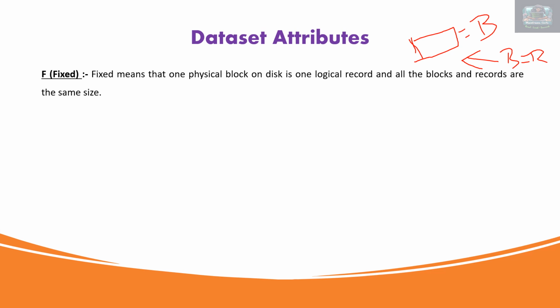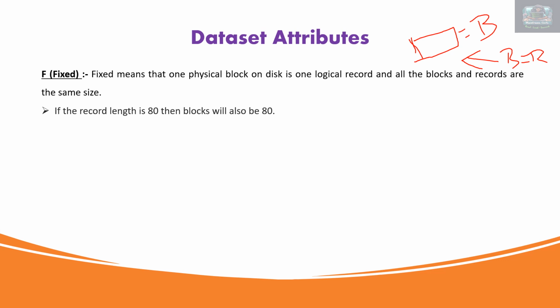When you are specifying fixed, in that panel I showed you before, you have to give F. If you give F and a record length of 80, the block size will also be 80. So for data coming into the volume or device where you store it, the record length and block size will be equal, which implies that IOs will be more, because less record length means more IOs.